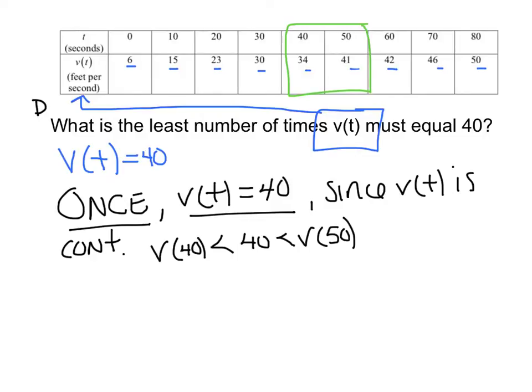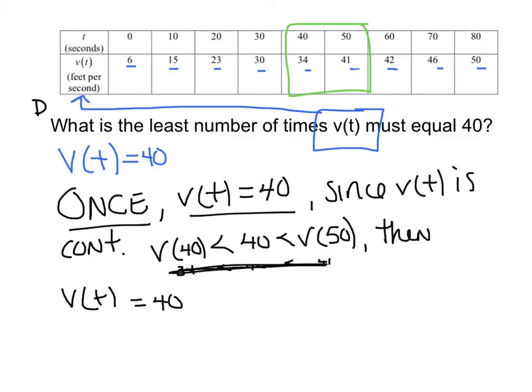Is v of 40, that's 34, less than 40, which happens to be less than 41? Of course. So you don't need to say that part. I'm just reiterating to you that this number is less than 40, and 40 is less than this number. Then v of t must equal 40 by the intermediate value theorem.